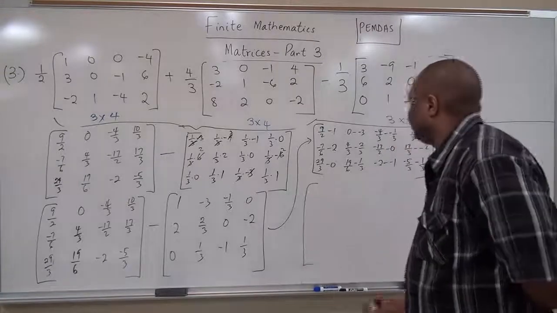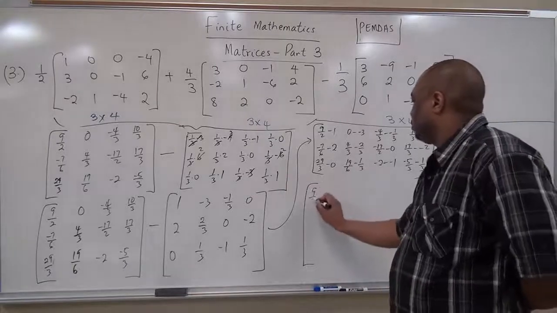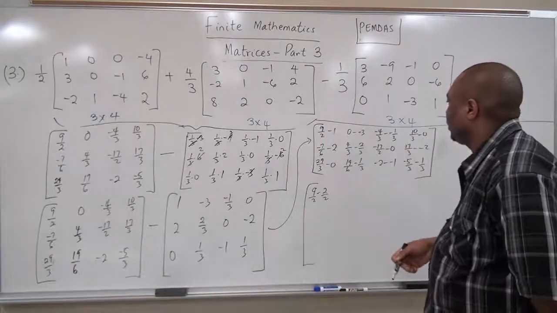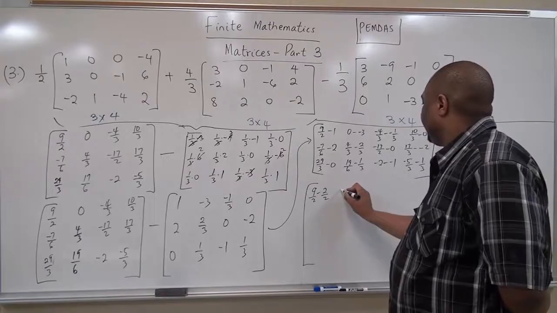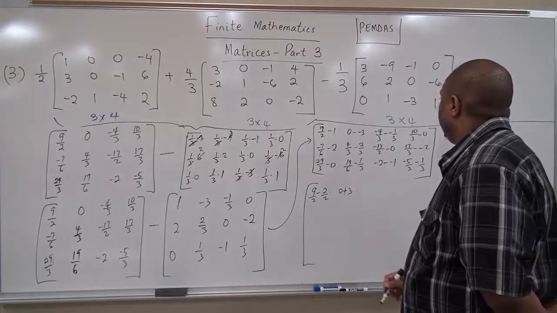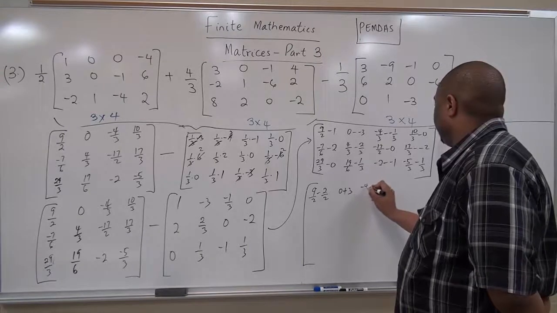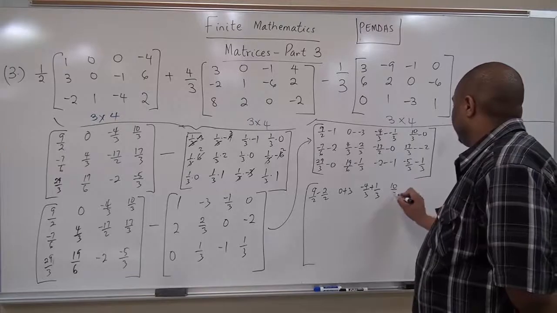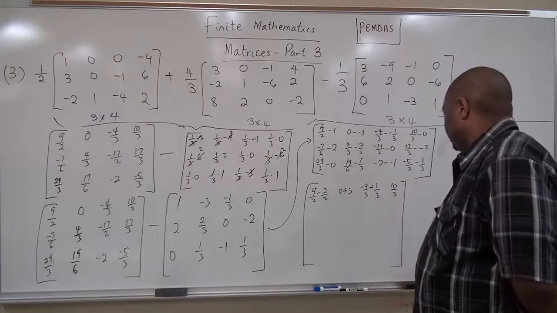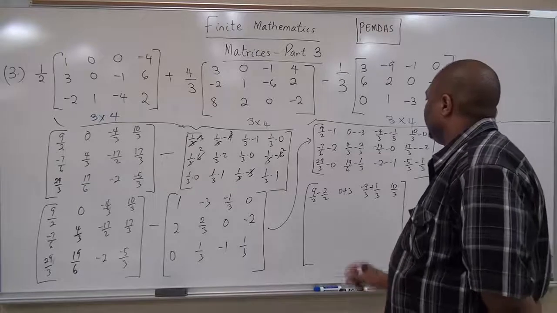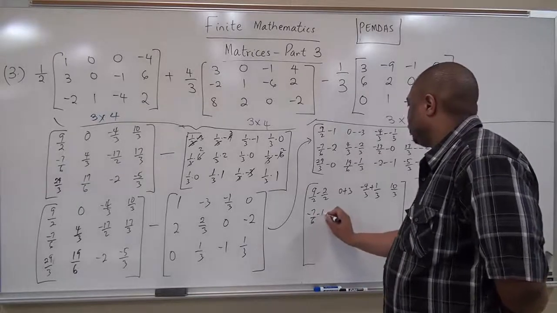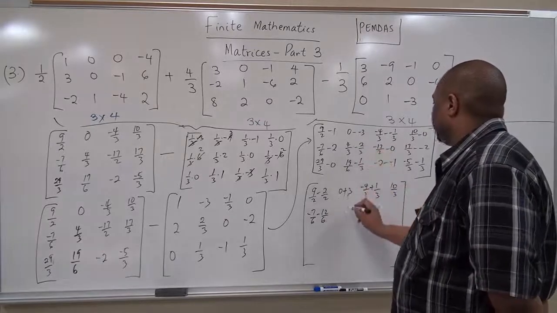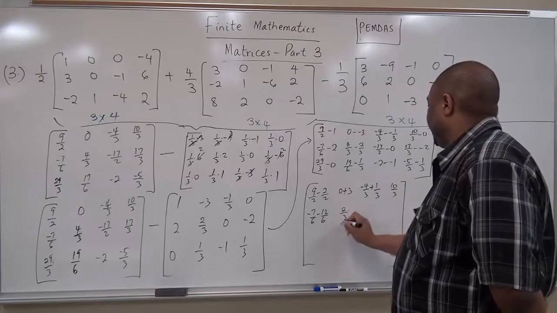So this will be 9 over 2 minus 2 over 2. Let's put it in the same denominator. 0 plus 3. This is a negative 4 over 3 plus 1 over 3. This is 10 over 3 minus 0 is 10 over 3. This is negative 7 over 6 minus 12 over 6. This is 4 over 3 minus 2 over 3 is what? 2 over 3. Right?